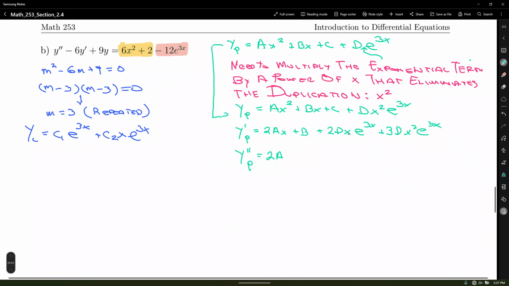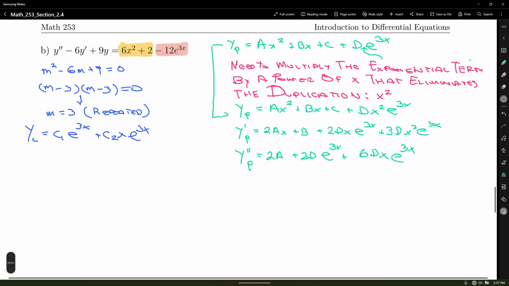The product rule for this first exponential term times 2dx: the derivative of 2dx gives plus 2d e to the 3x, plus the derivative of e to the 3x, which is itself e to the 3x, times 2dx, with the 3 saved for later. Multiplying these 3 times these 2, isn't that going to give us a 6?